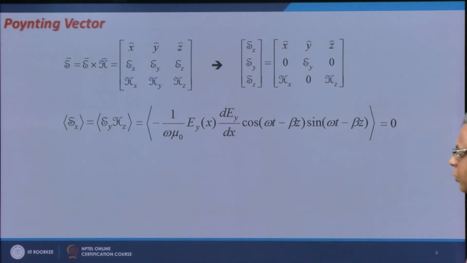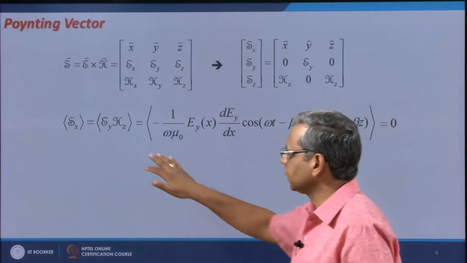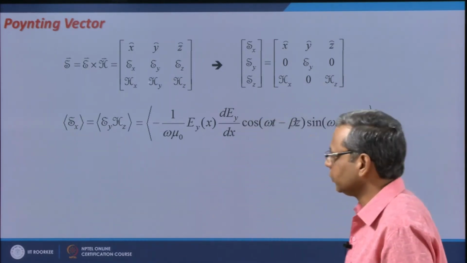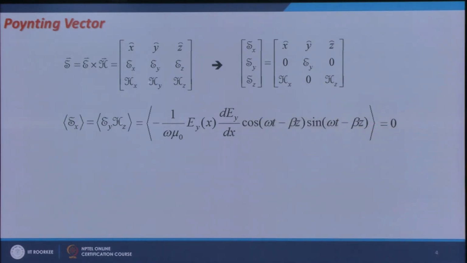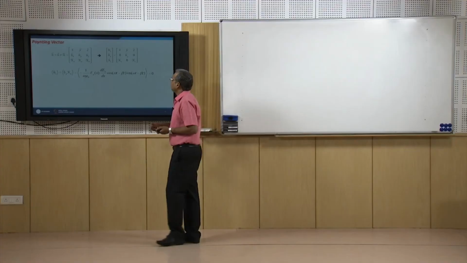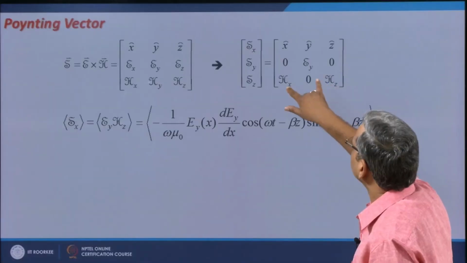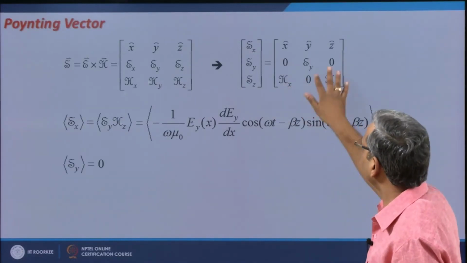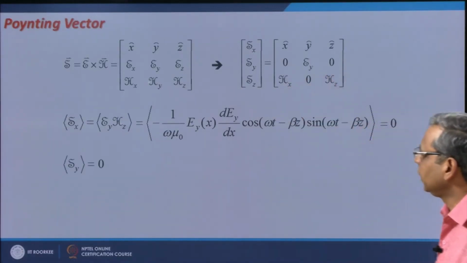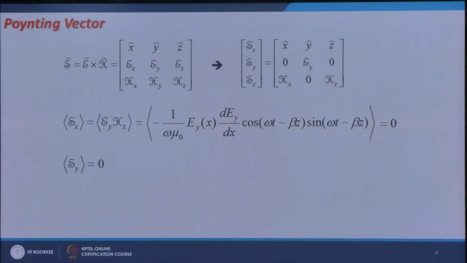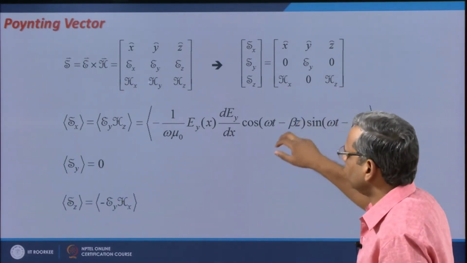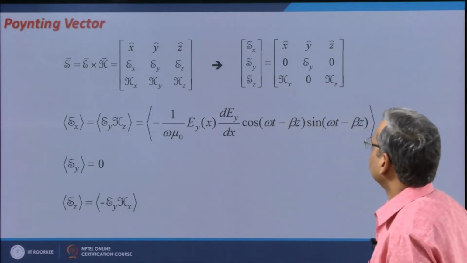So, the x component of the Poynting vector, its average value, comes out to be 0. Now, let me evaluate Sy. Sy is clearly 0 from here itself, and if I calculate Sz, it will give me minus Ey Hx.